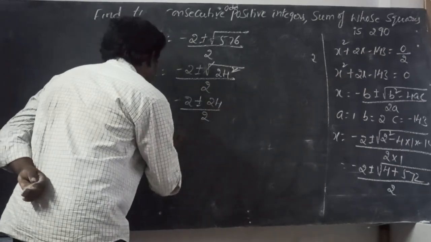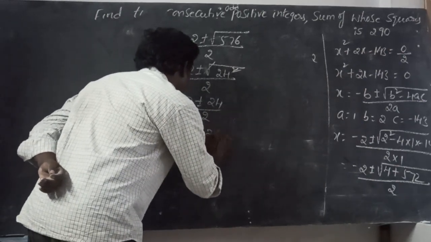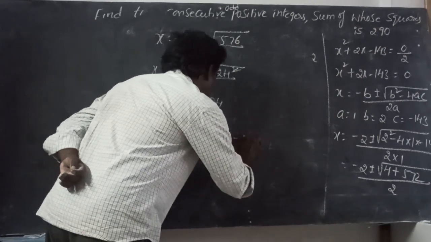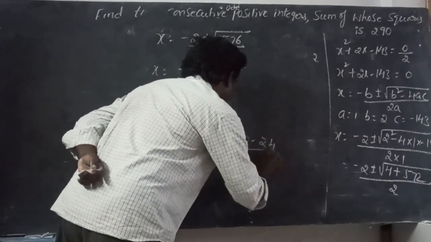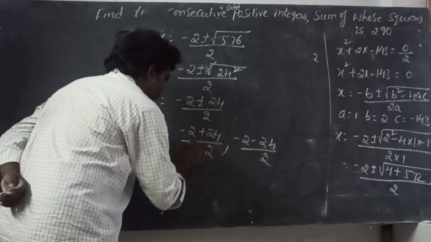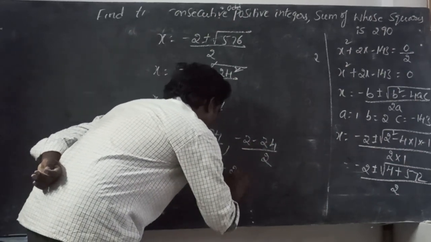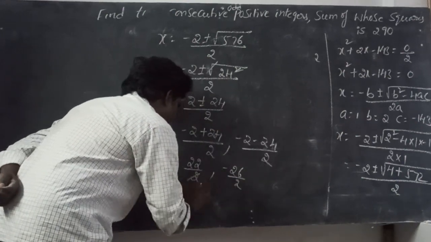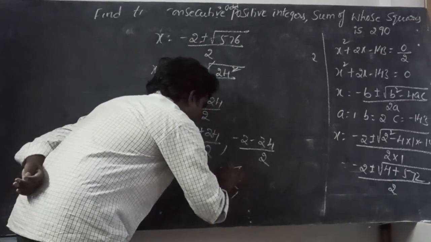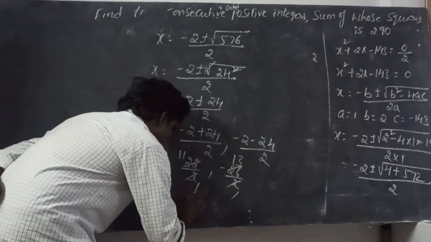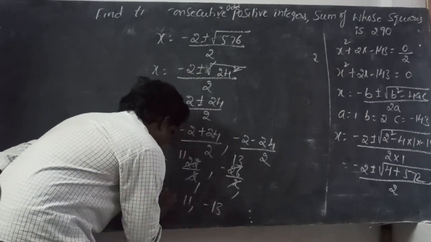So here x is equal to minus 2 plus 24 by 2, and minus 2 minus 24 by 2. Minus 2 plus 24 is 22 by 2, next minus 26 by 2. So x is equal to 11 and minus 13.